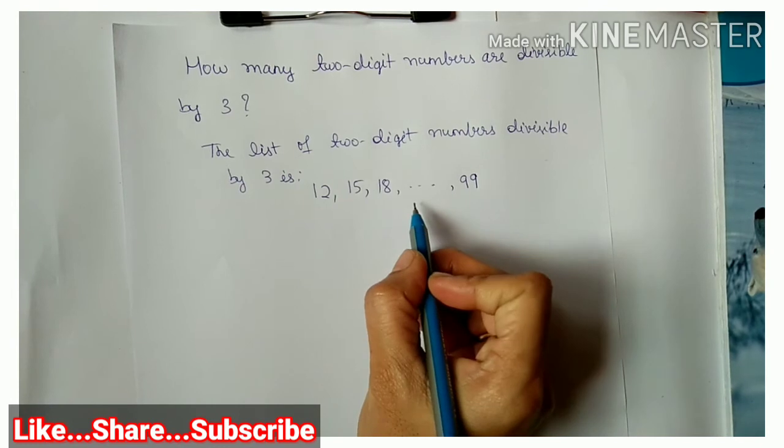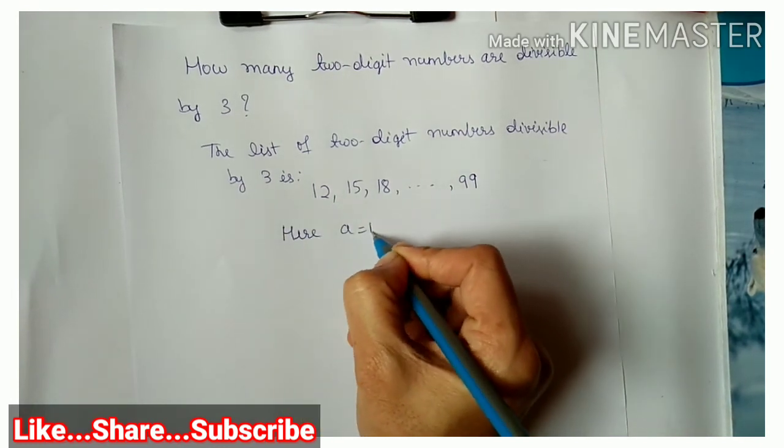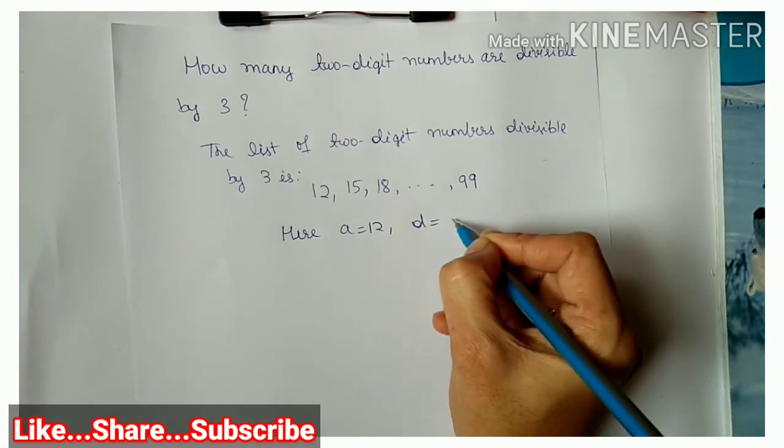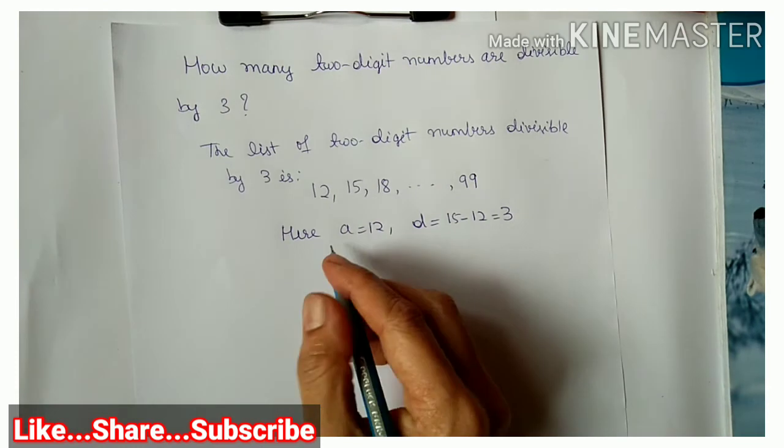This is an AP. Here the first term is 12, and the common difference, second term minus first term, is obviously 3.